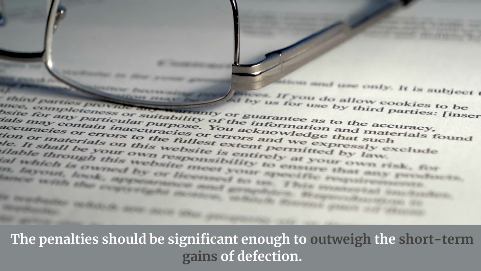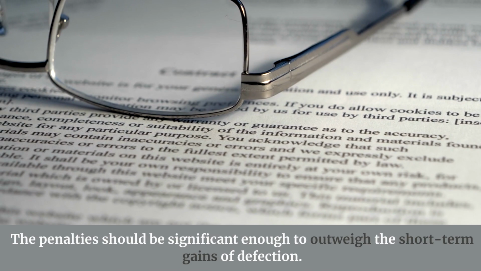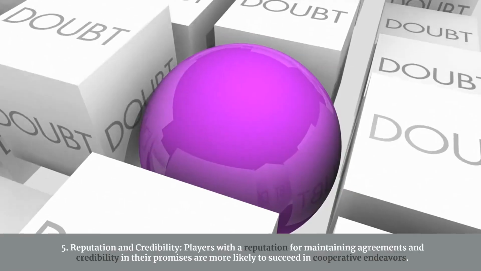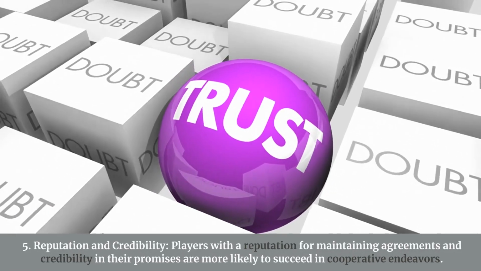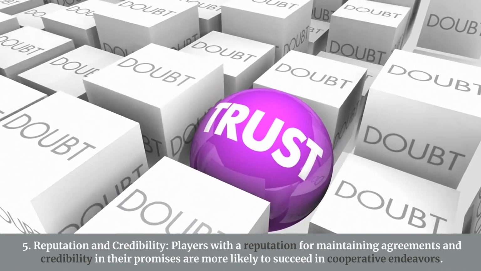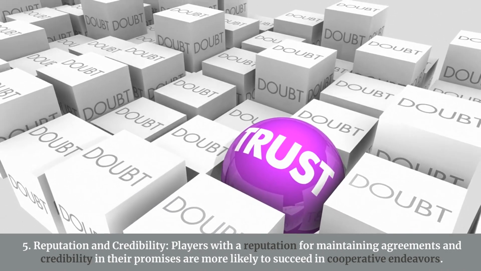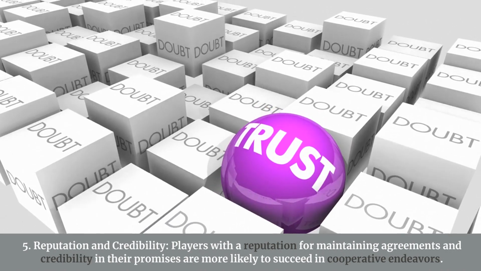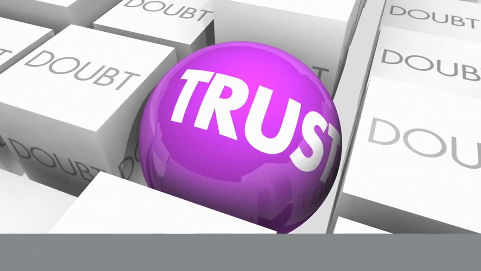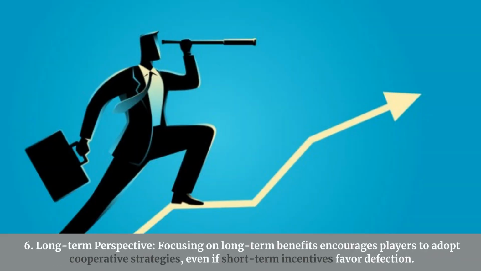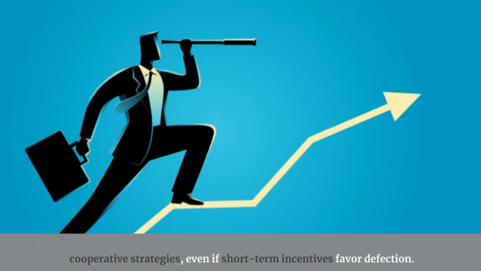The penalties should be significant enough to outweigh the short-term gains of defection. 5. Reputation and credibility. Players with a reputation for maintaining agreements and credibility in their promises are more likely to succeed in cooperative endeavors. 6. Long-term perspective. Focusing on long-term benefits encourages players to adopt cooperative strategies, even if short-term incentives favor defection.